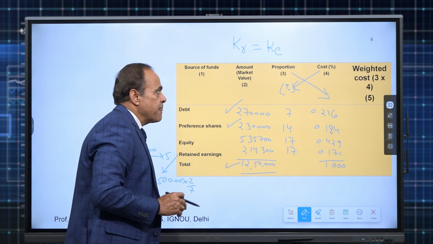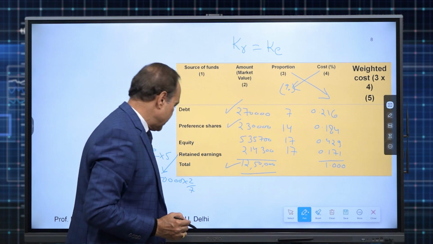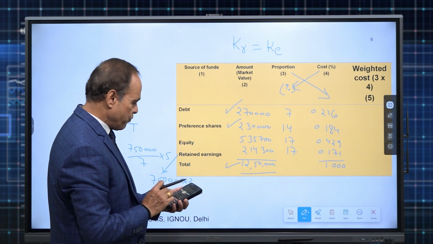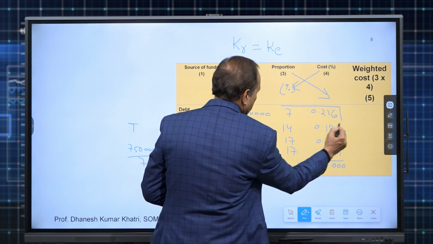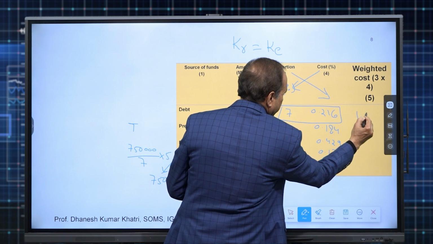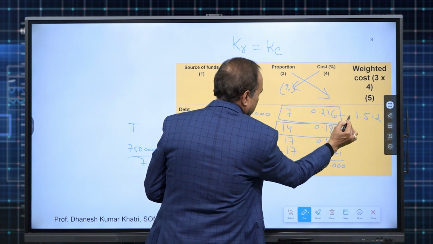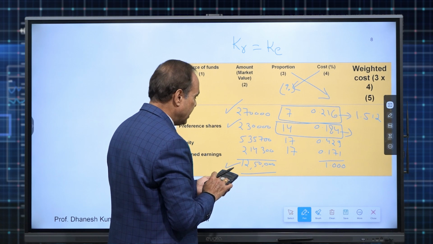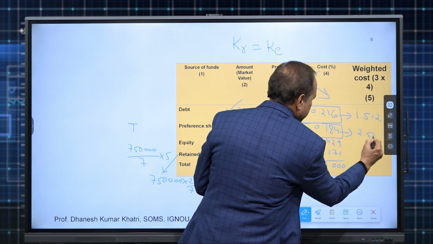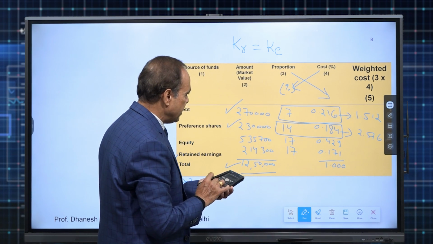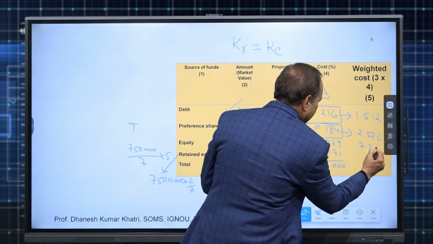Once we have assigned the weights, proportions are in this column, cost is in this column. Remember, we have taken the after tax cost. Now quickly we can create the fifth column. 7 multiplied by 0.216 gives 1.512. Then 14 multiplied by 0.184, we get 2.576. Then similarly 17 multiplied by 0.429 is 7.293.